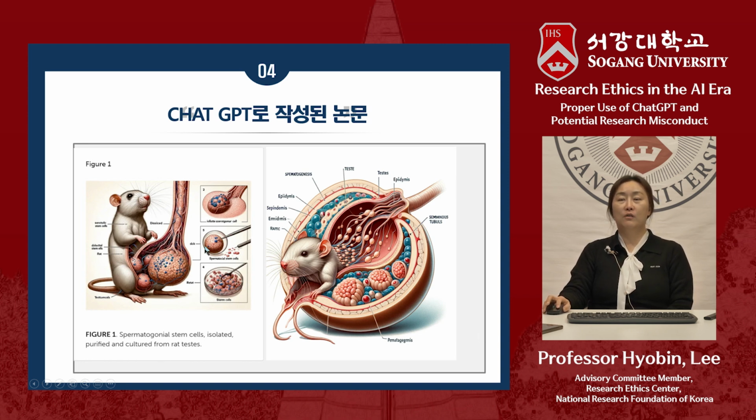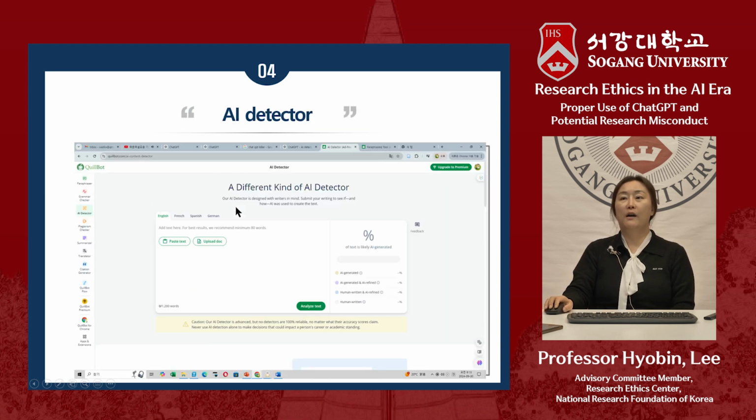And I want to introduce Quillbot. Quillbot is free, so you can check what percentage of your text is written by ChatGPT. You can detect it. You can also detect it through CopyKiller; CopyKiller also provides that service. So if I upload it, it shows that 47% of the text is highly likely AI generated.